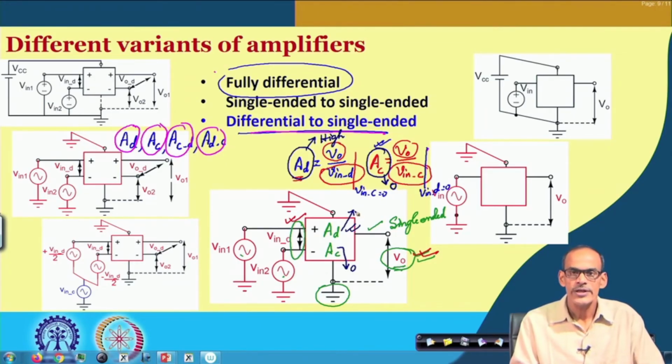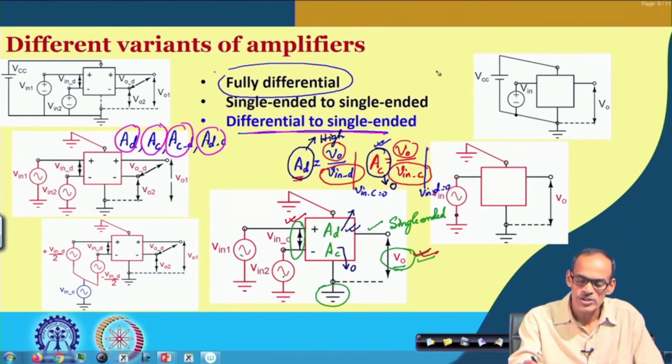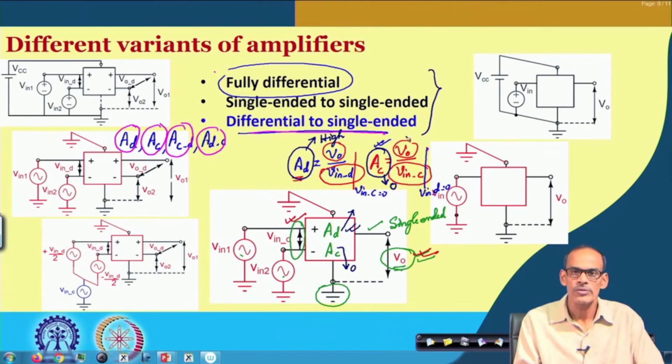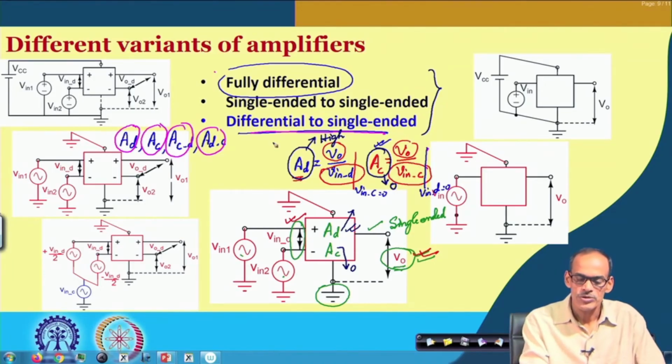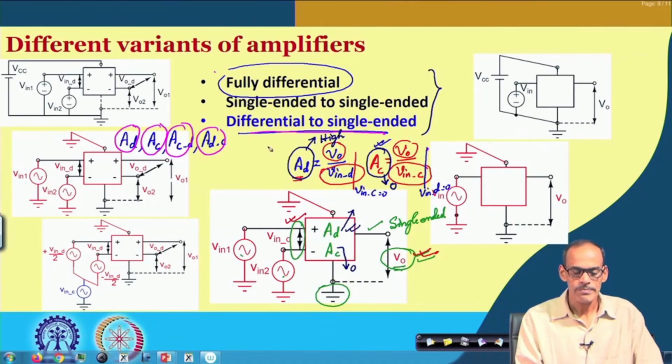But whatever circuit we consider, everywhere we have the possibility of these different variants of the amplifier, whether it is current mode, voltage mode or mixed mode. And of course, apart from these three, the other variant, namely single-ended to differential amplifier, we are not going to discuss in this course.